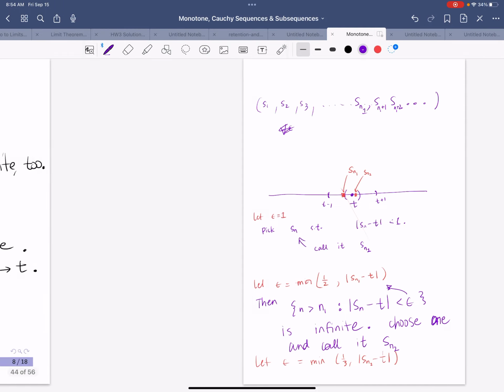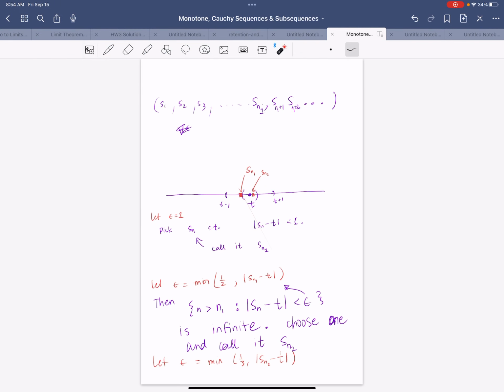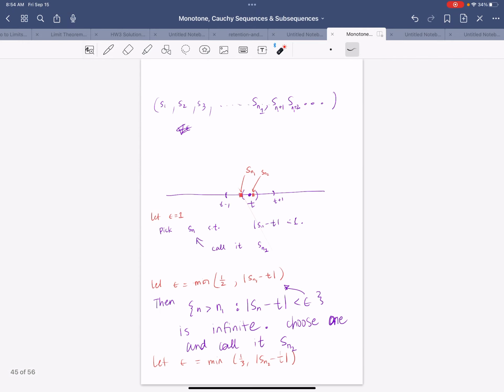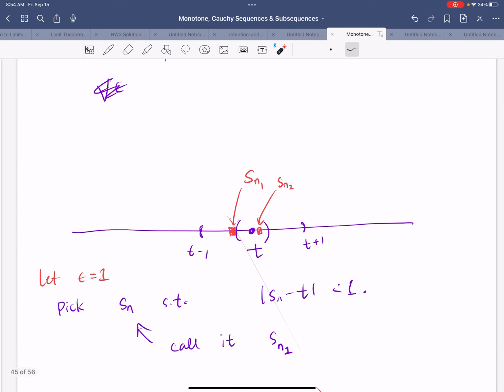So what we've said is if I know that for every epsilon, I have infinitely many terms in my sequence in that interval, then I can construct a subsequence that converges to t. The thing that I didn't do is make sure this is monotonic. And you can go back and adjust what we did to ensure it's monotonic. Let me show you how to do that.